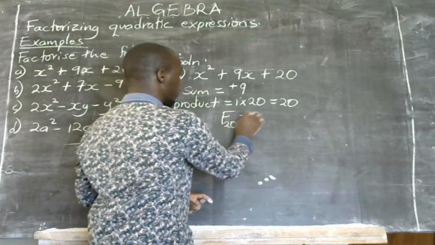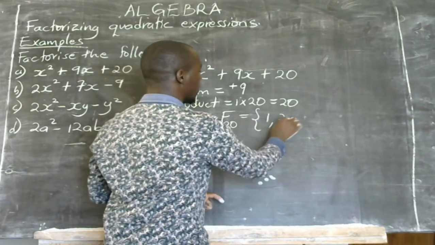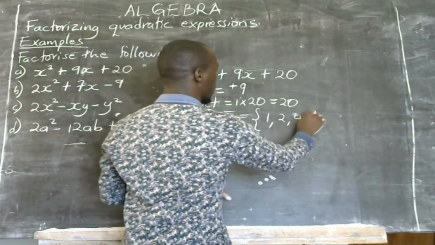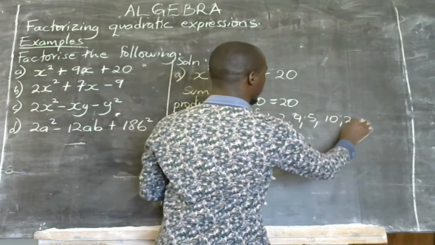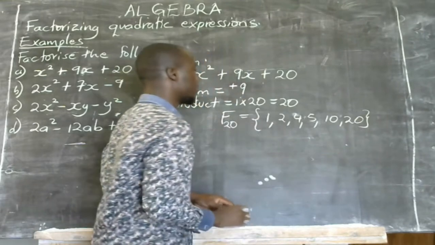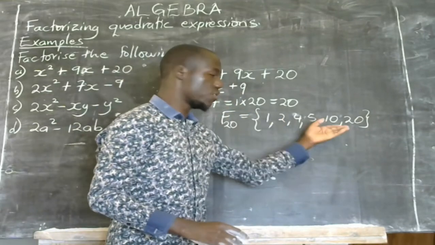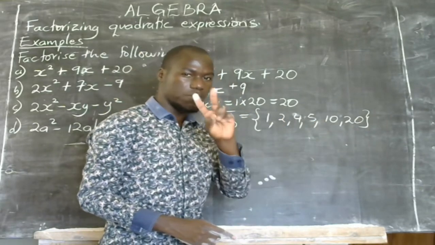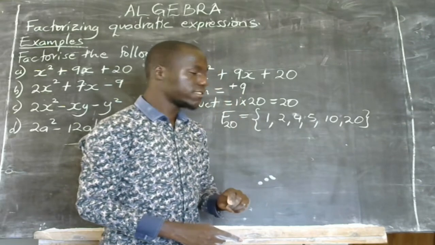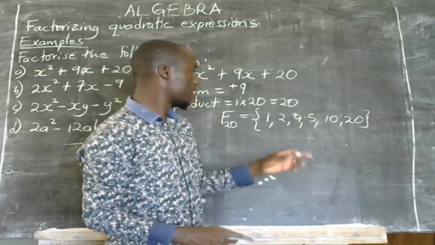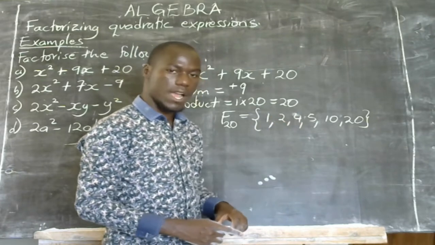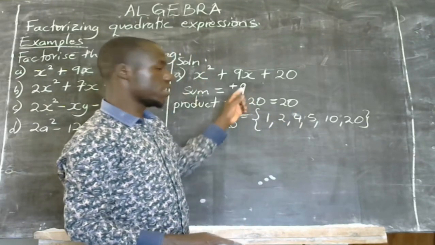So factors of 20, there is a 1, there is a 2, there is a 4, there is a 5, there is 10, and 20 itself. Now, when you look at those factors there, you need to pick two numbers that when you multiply you get 20, and when you add you get the 9 there.